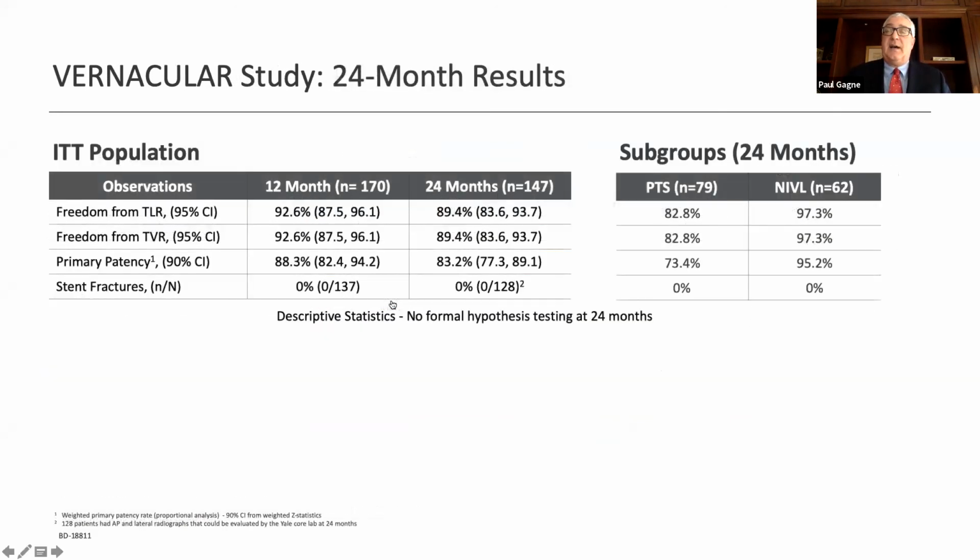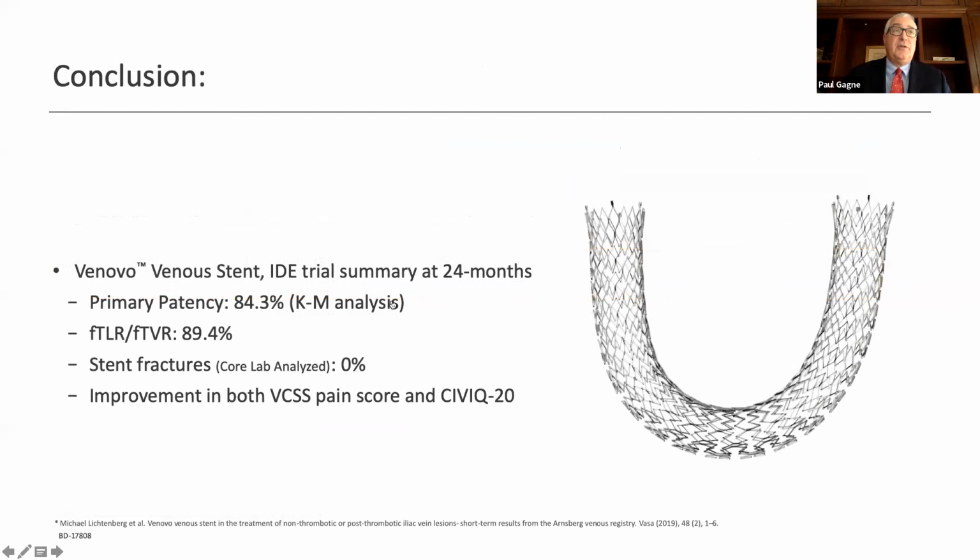And when we break this down at 24 months between the groups with post-thrombotic syndrome and NIVL, we can see that the patency at 24 months for the compression lesions was 95%, somewhat less in the post-thrombotic patients at 73%, and there were no stent fractures noted out to 24 months. So in conclusion, the Venovo study showed a primary overall patency at 24 months of 84% with no stent fractures, and the patients clinically saw improvement on their VCSS pain scores and CIVIQ-20.